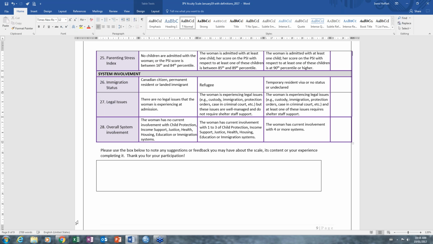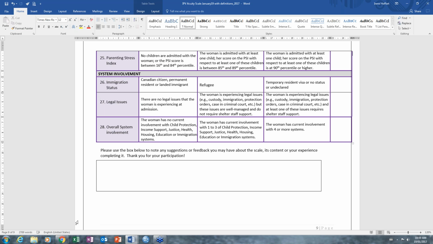We do have a question about available supports. We do have a question about informal supports and professional supports. We do have a question about how long they've been here, but also their literacy and language capacity. Those are all addressed somewhere else. So this one is just an additive piece, that if you are a refugee, or you're undeclared, have no status, or have a temporary resident visa, you have some additional issues.